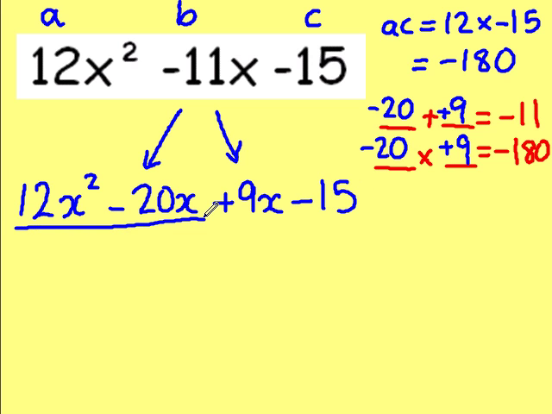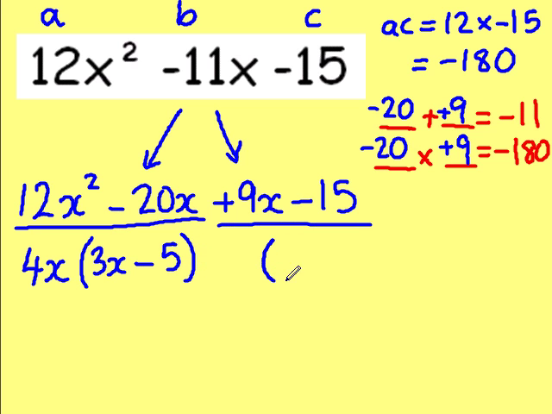Factorising the front, the largest factor in this case will be 4x, and I'll need to multiply that by 3x minus 5. If I've done this correctly, I'll also get a factor of 3x minus 5, and that tells me to get 9x minus 15, I need to multiply that factor by 3.